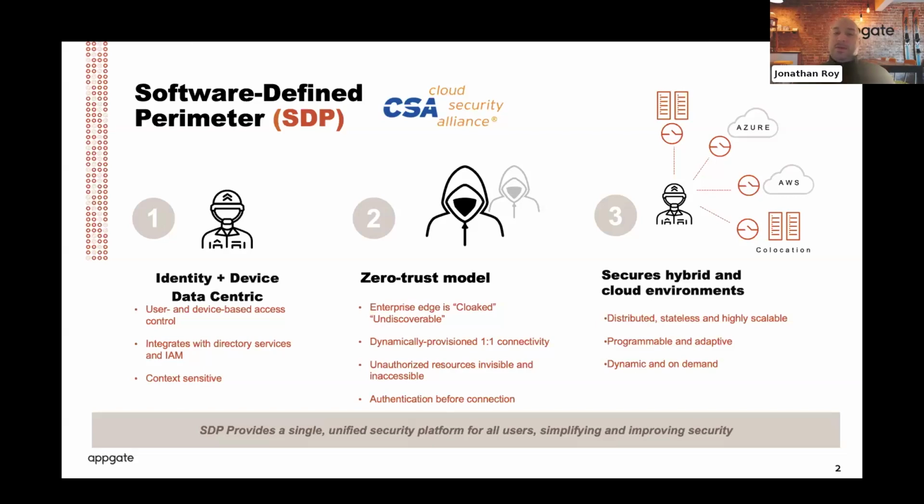If you're familiar with the NIST 800-207 framework, those are our policy enforcement points. So think of it as you as a user. When we learn about you, your device, and those environmentals, we make connections to these Appgate gateways, which are the points of presence. There's two key pieces that we like to focus on with how Appgate operates.